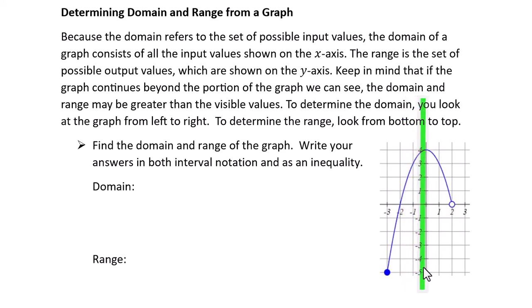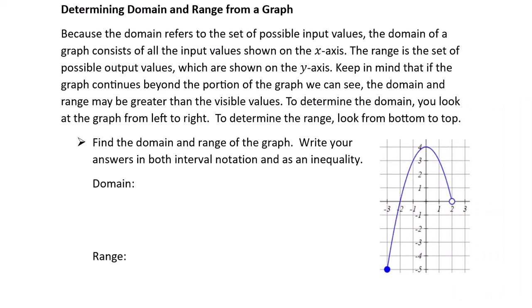So of course, we have many x values as we're going, and the last value that we see is 2, but it is an open circle. So as far as x goes, we are getting infinitely close to a value of 2, but we don't actually reach the number 2.